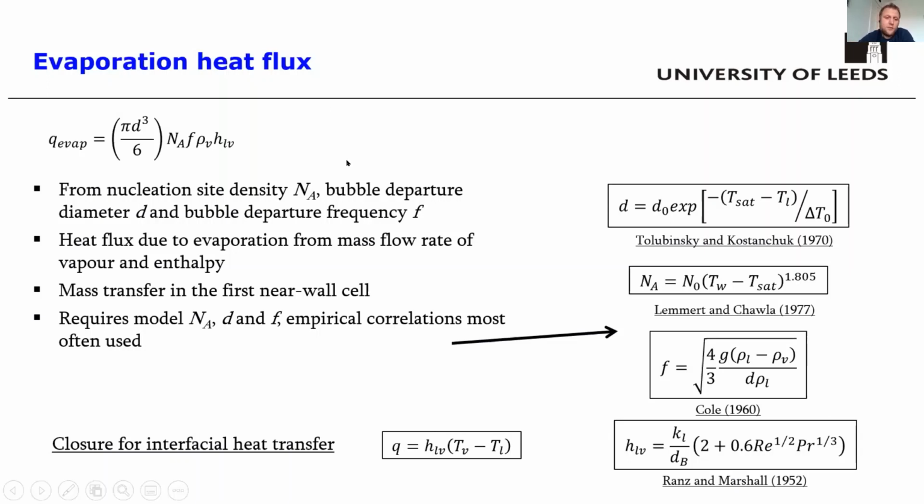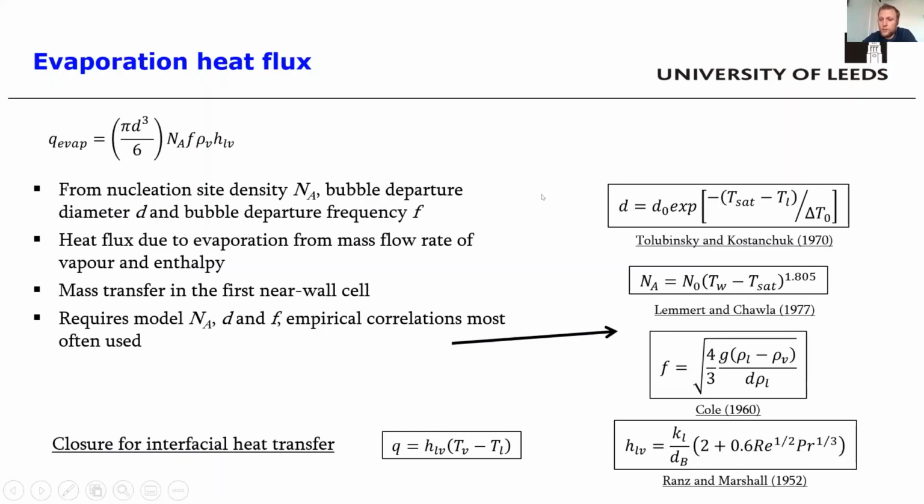All the mass transfer is in the first near wall cell, and this is always done to take that into account, because that makes the numerics quite challenging. And of course, for the three terms that I mentioned, we need specific sub-models. And I've put here some of the correlations that can be found in literature for departure diameter, nucleation site density, and bubble departure frequency.